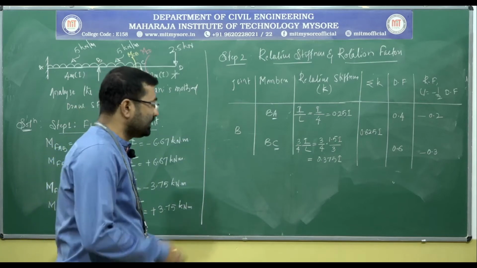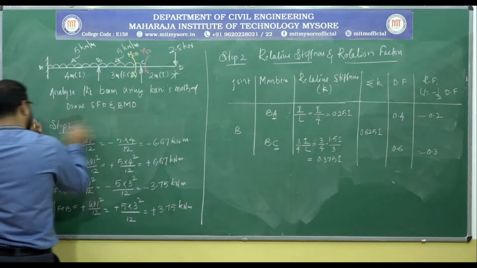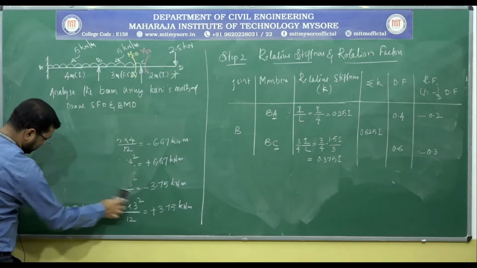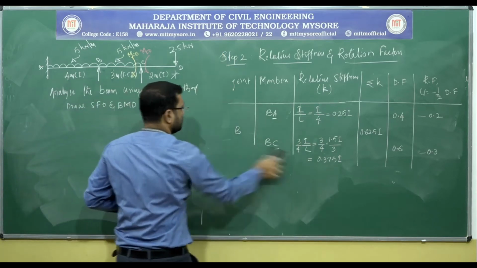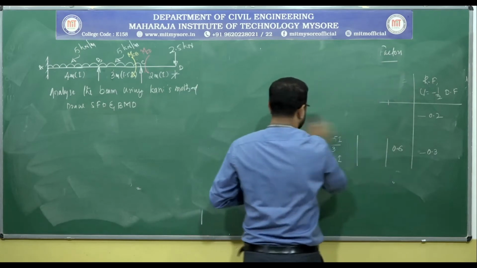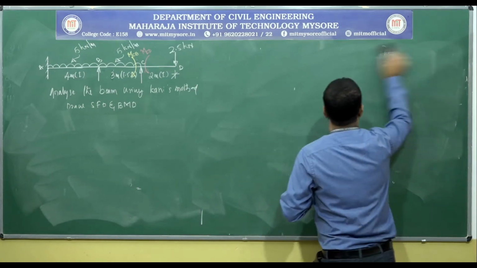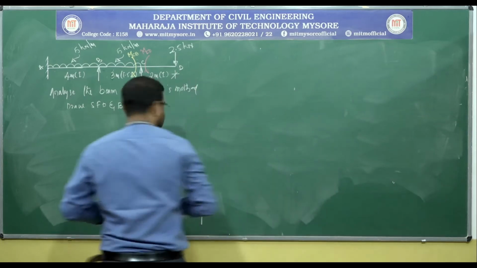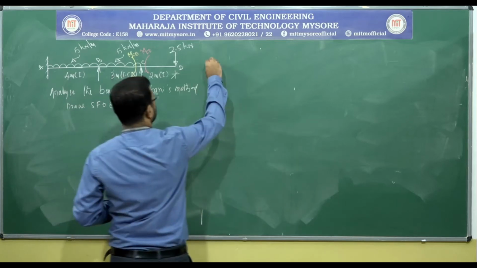Okay, right. So let me erase this. Whenever we are dealing with two span beams in Kani's method, step number 3 is very easy.